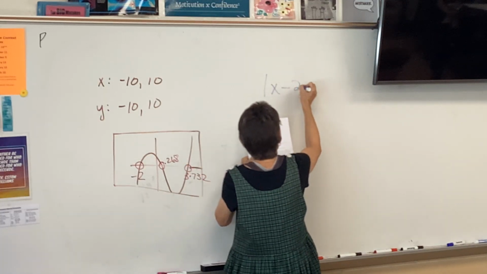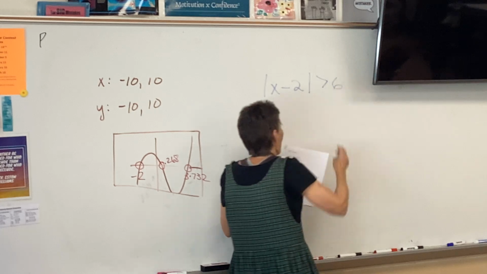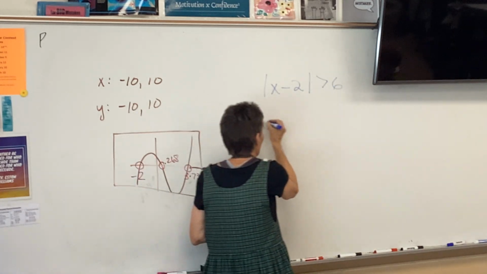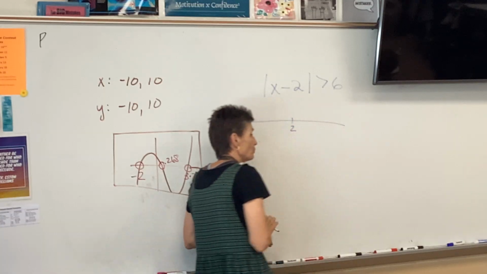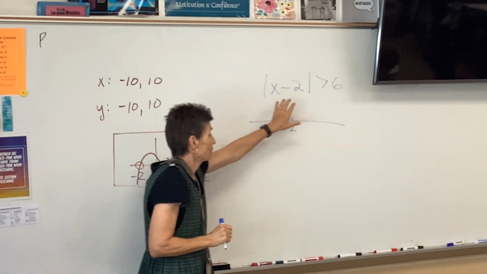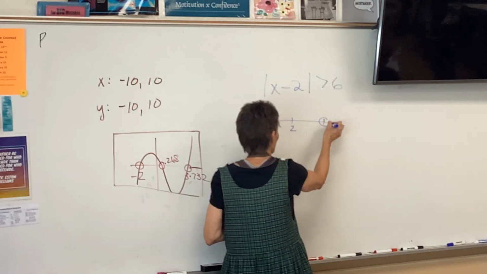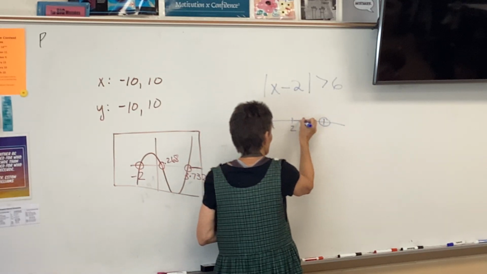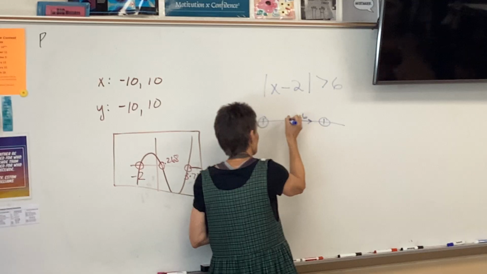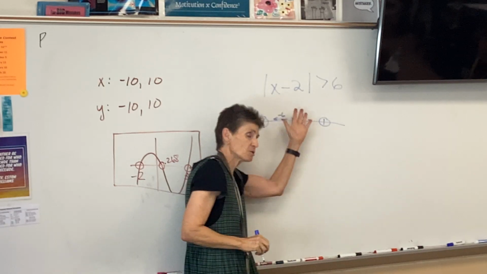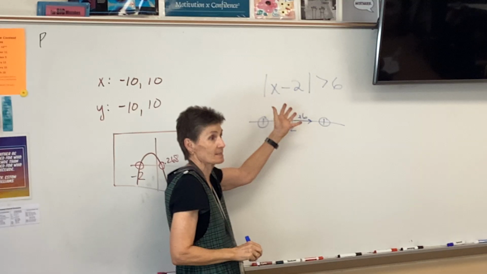So, how I will do this problem is I will draw a number line and put 2 right in the middle of it. And then I will count each direction 6. Because this says the distance between my number and 2 is 6.